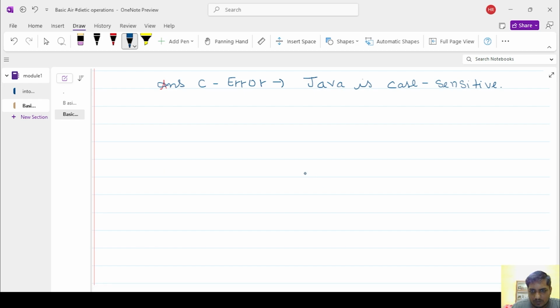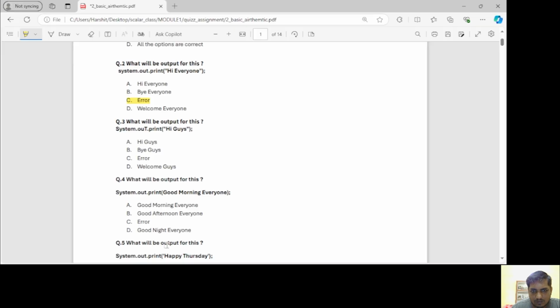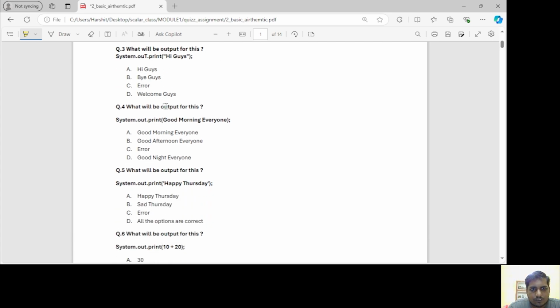Now we will come to question number 3. See the question carefully. Here in question 3, what is the problem? The problem is capital T. Why? Because T is not defined. Java is case sensitive.